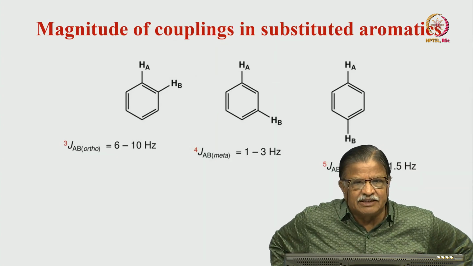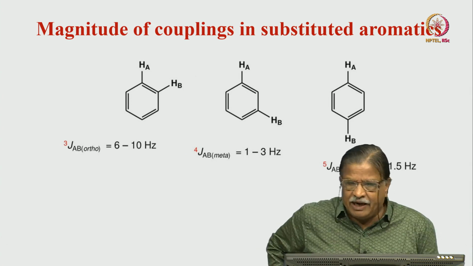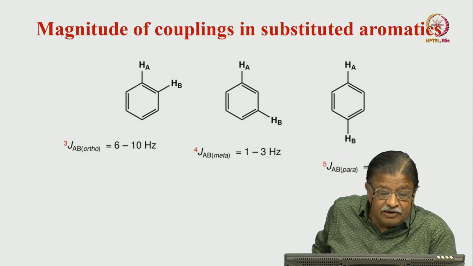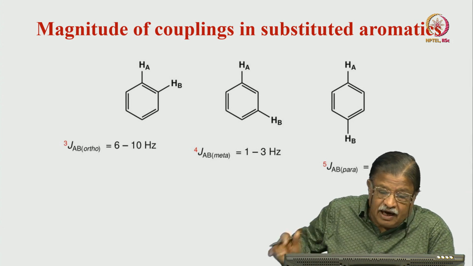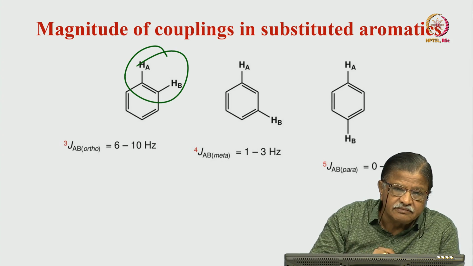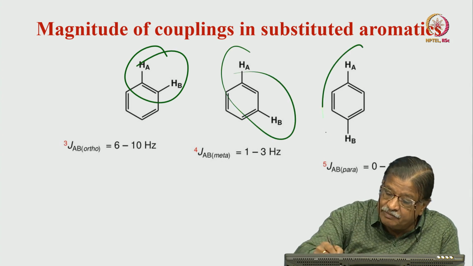And the magnitude of the coupling in substituted aromatics. Consider a molecule like this, an aromatic like this. As I told you already, ortho coupling is quite large, then meta coupling, then comes para coupling.